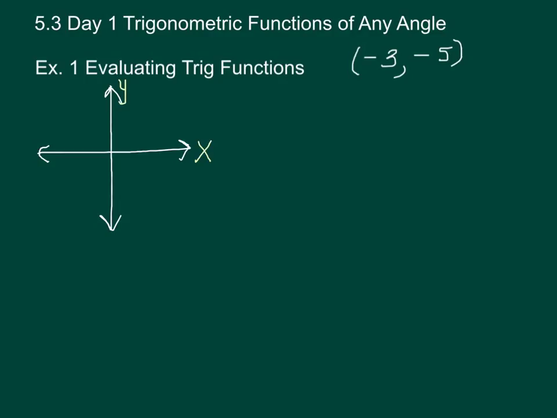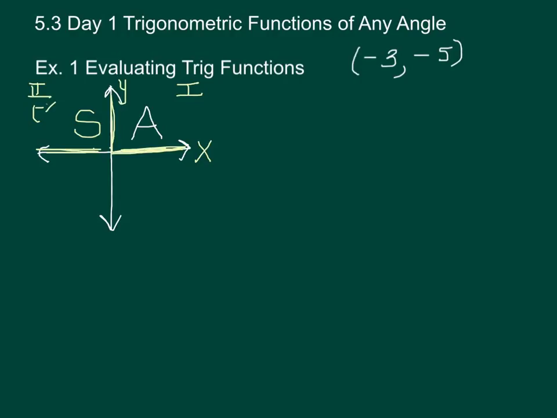So in quadrant 1, we call this A, all, because in this quadrant, all your trig functions are positive. Positive x-axis, positive y-axis. In quadrant 2, we use S, and you're going to notice in this quadrant, the x's are negative and the y's are positive.